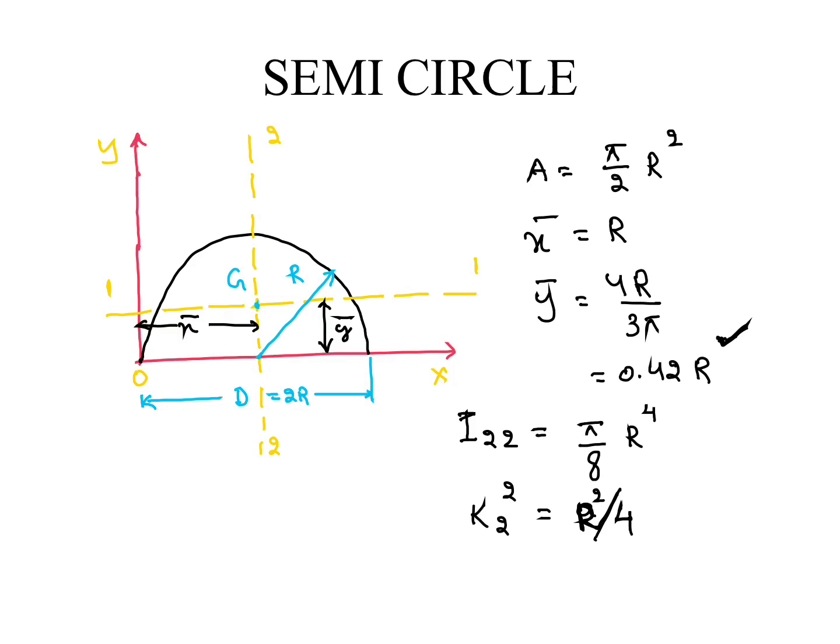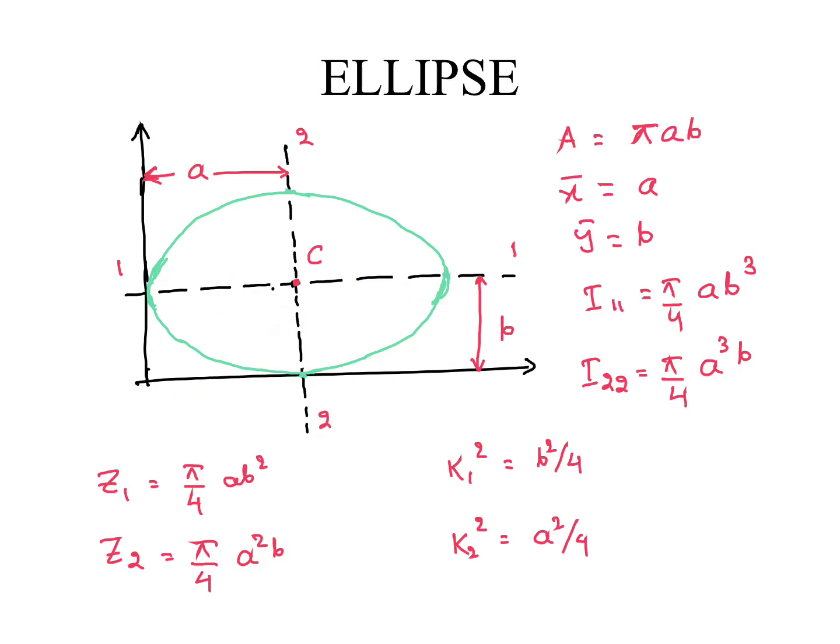For ellipse, area is pi into a into b. Then x bar, this distance from here to here, x bar is a and y bar is b. I11 moment of inertia along 1 axis pi by 4 a b cube and I22 moment of inertia along 2 axis pi by 4 a cube b.